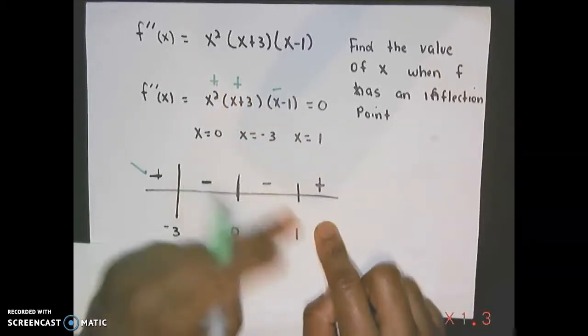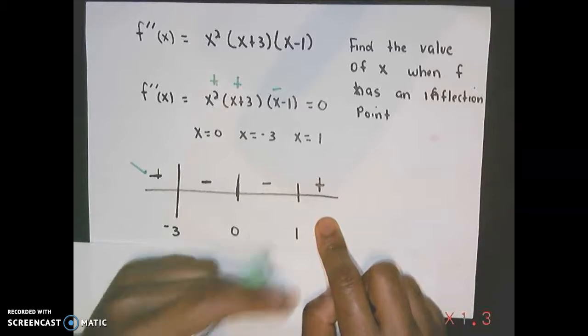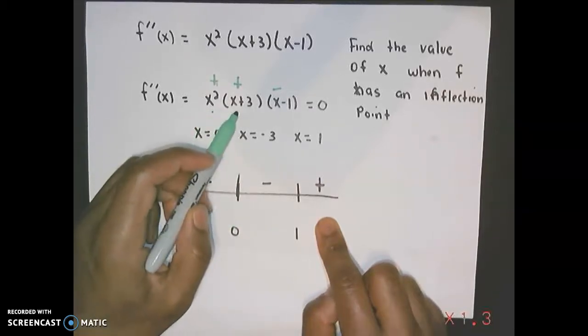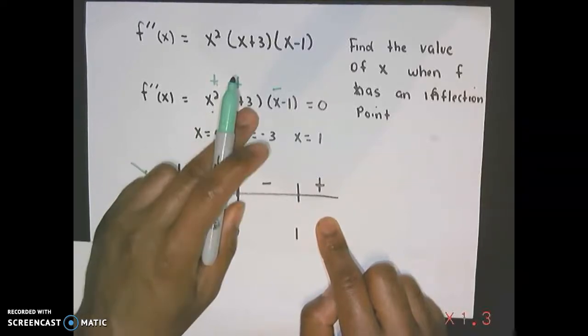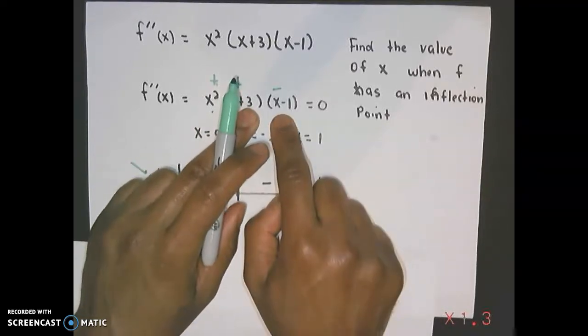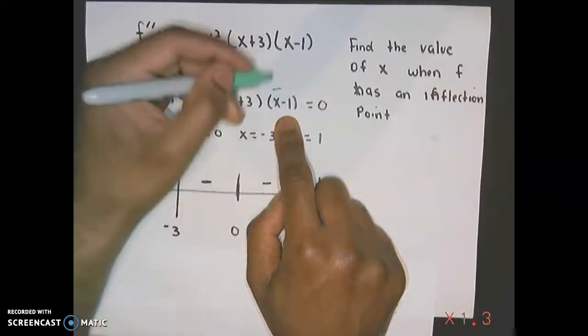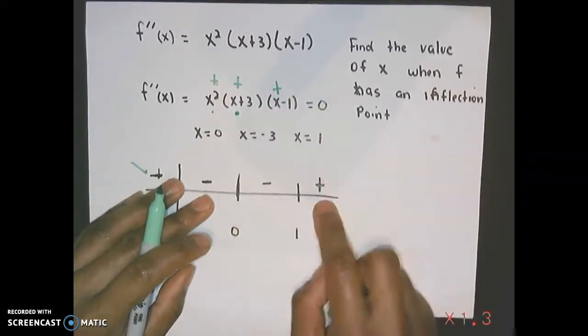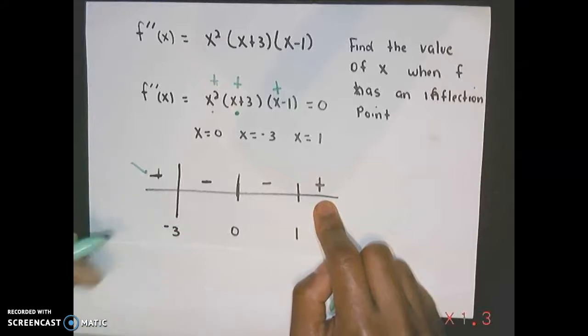And then lastly, I chose the number 2. So again, this is positive always. A positive number plus 3 is still positive. But this time we get 2 minus 1, which is a positive number. So we have a positive times a positive times a positive. So that's going to give me a positive.